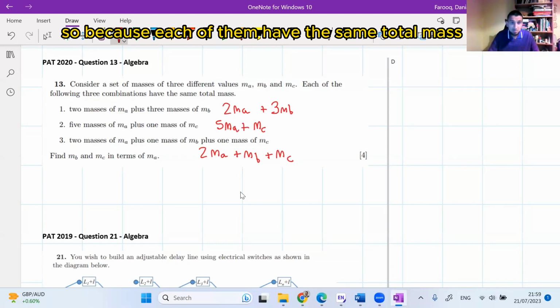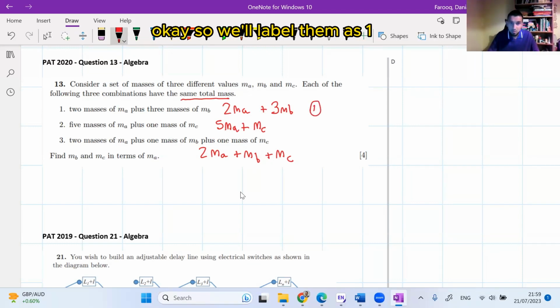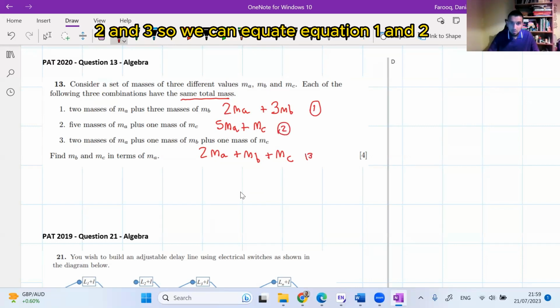So because each of them have the same total mass, we can equate all of them to each other. Okay, so we label them as 1, 2, and 3. So we can equate equation 1 and 2.